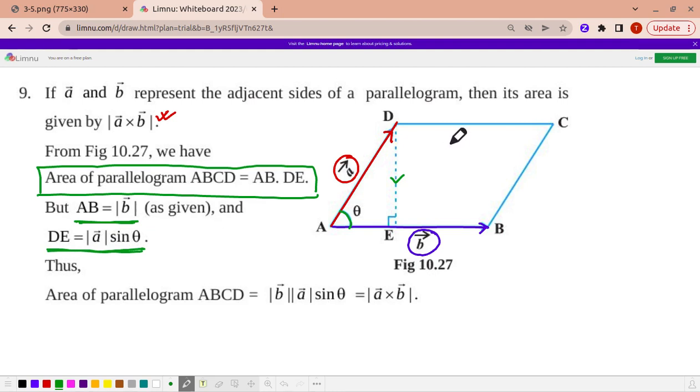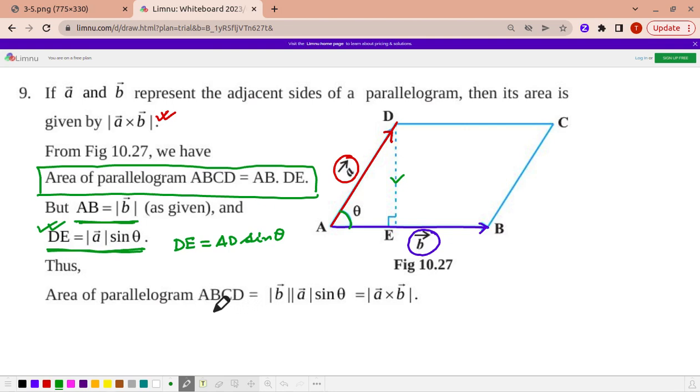If you consider the triangle DAE as a right angle triangle in which DE is the perpendicular, then DE is equal to AD sin theta from the trigonometric ratios formula. Now mod of AD is nothing but the mod of the vector A. So we get DE is equal to mod A sin theta.